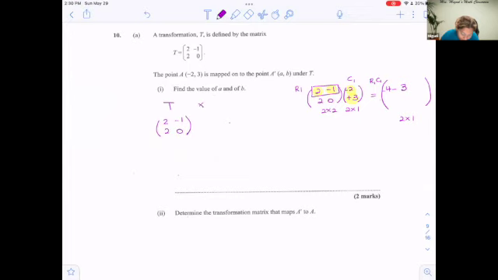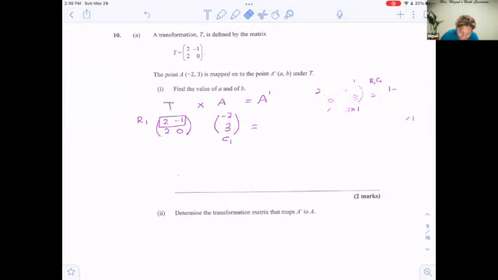We are going to multiply it by the coordinates of A, -2, 3, and that is going to give me the coordinates of the image. We multiply row 1 by column 1.